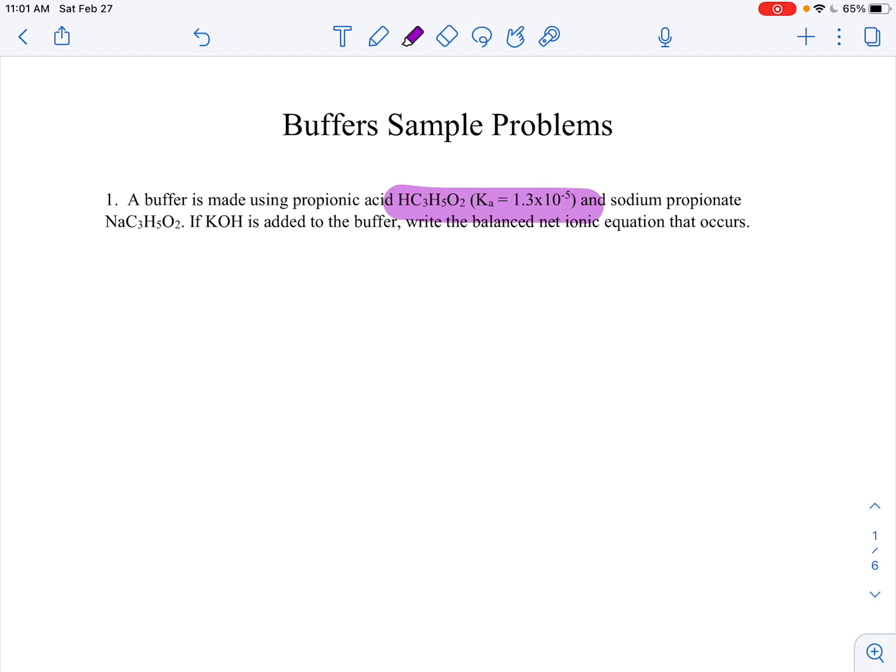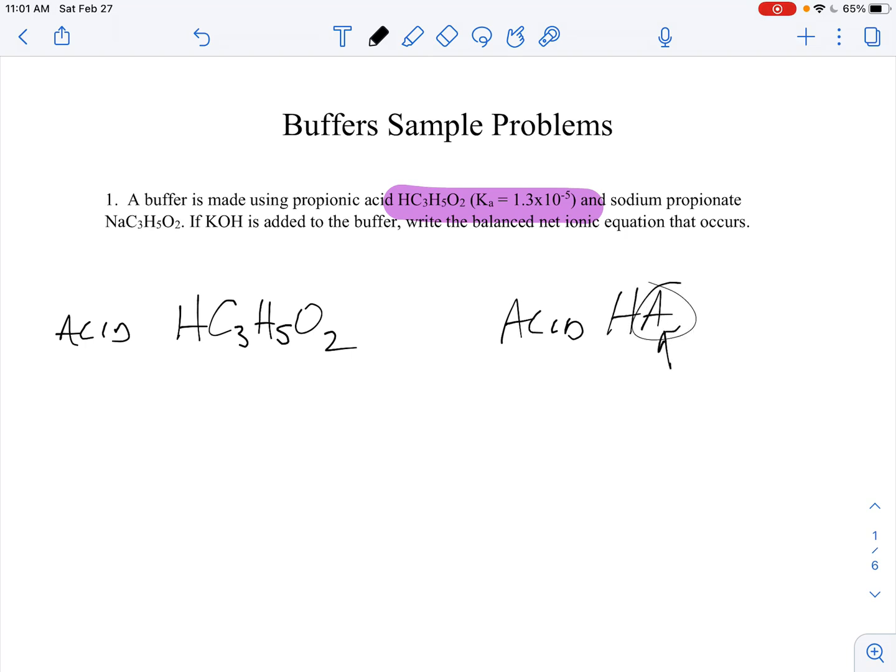So this guy here is clearly your acid because it starts with H and then they've given you the Ka. So your acid part of things is going to be HC3H5O2. And I know that some of these get really ugly looking and scary, but remember that an acid is really just HA, and it's just sometimes A is really complicated and ugly looking.